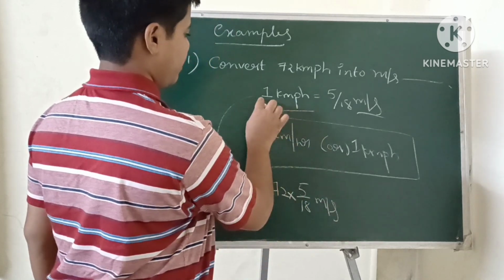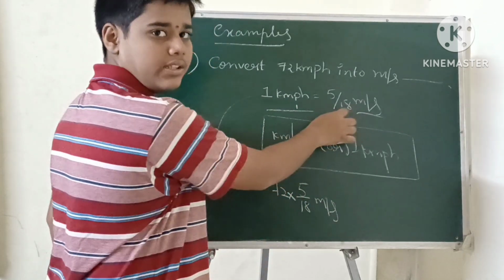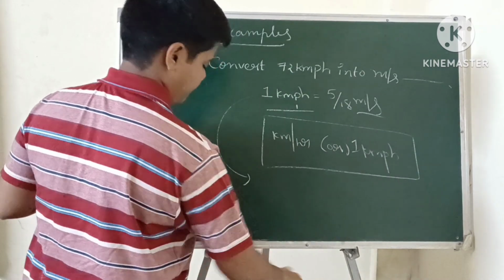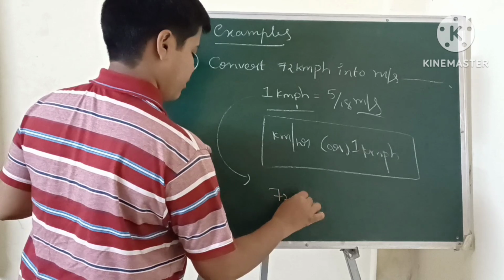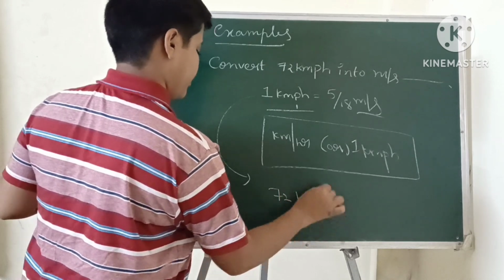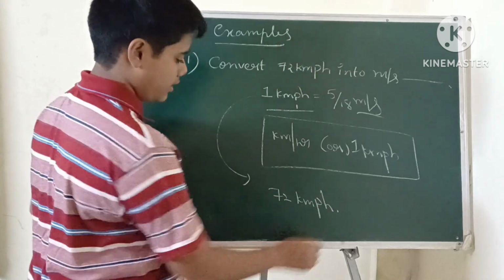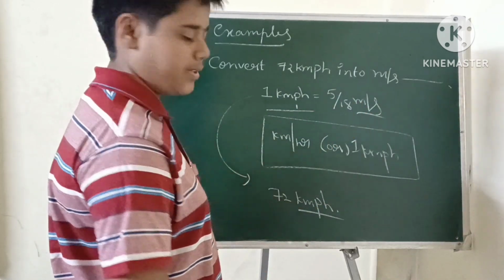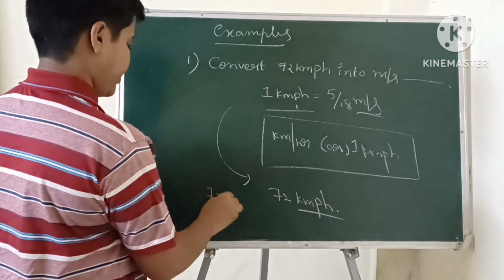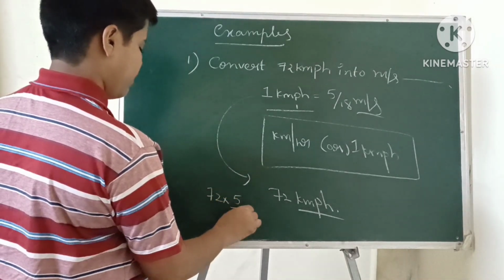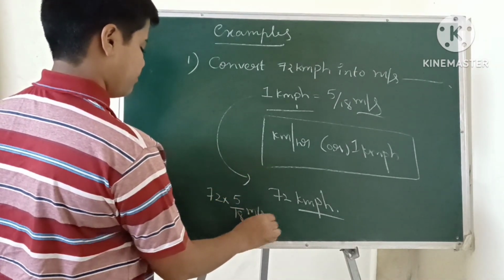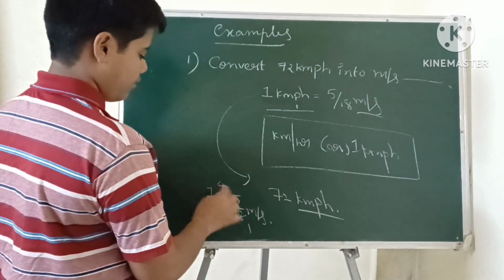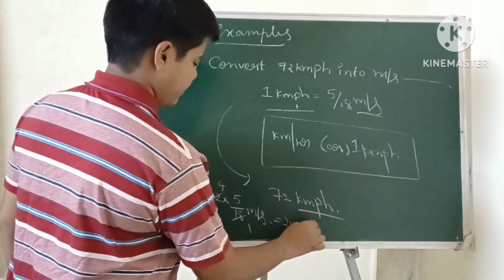I am substituting this value here. So 72 into 5 by 18 meter per second. 18 ones are 18, 18 fours are 72, so 4 fives are 20 meter per second.